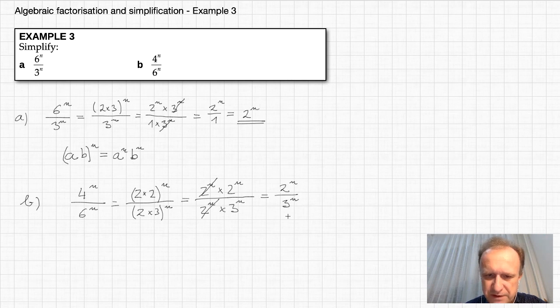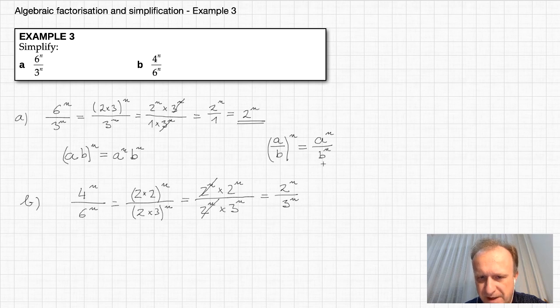Well, you could leave it as it is, but there is another power law that you can use at this moment, and it's the law (a over b) to the power of n. You see that these two powers have the same exponent. So it's like a to the power of n divided by b to the power of n.